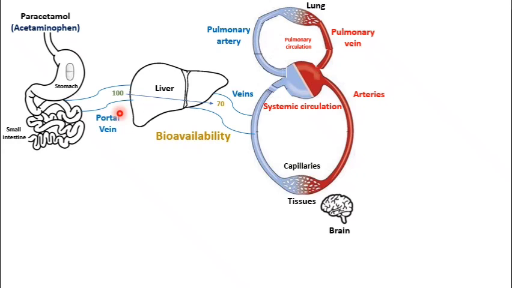But the first time our drug was metabolized by the liver was here, when it came from the GIT. So we call the metabolism that occurred this time the first pass metabolism.